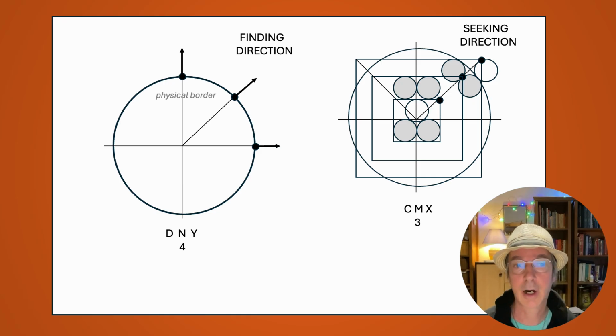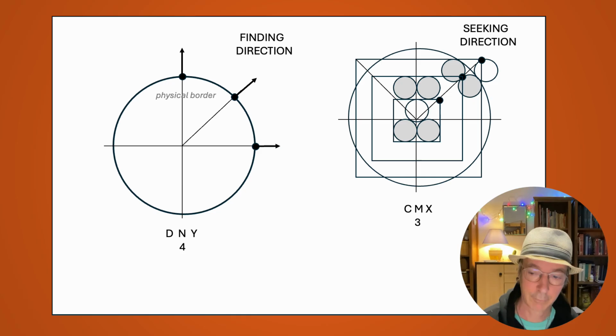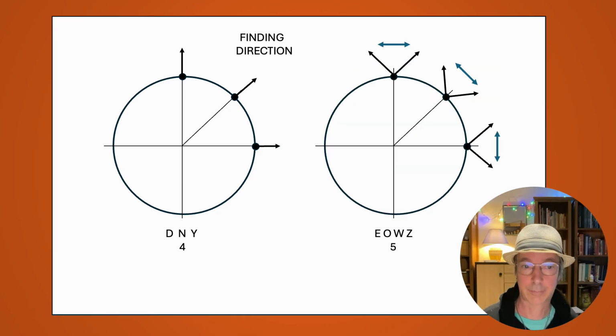The next frame is not about positions, but about movements, directions, as they are also in time. So we cross the physical border and we have associations in directions. The D from center onwards horizontal, N vertical, and the Y diagonal.